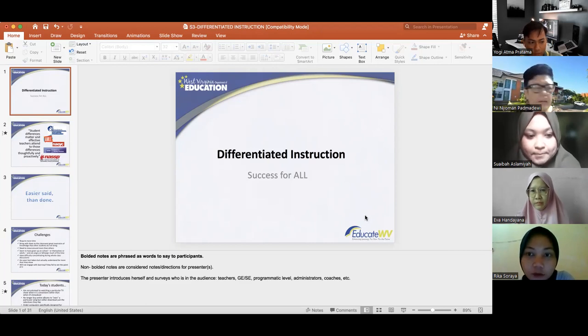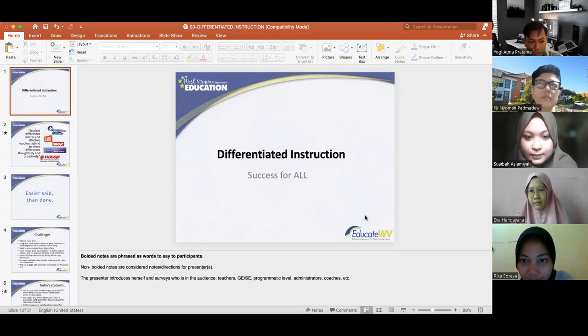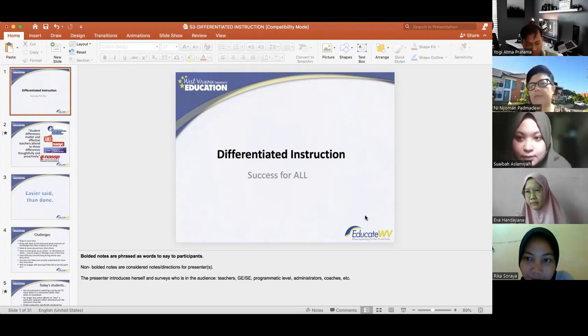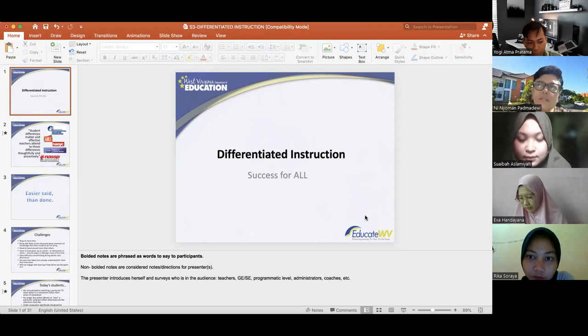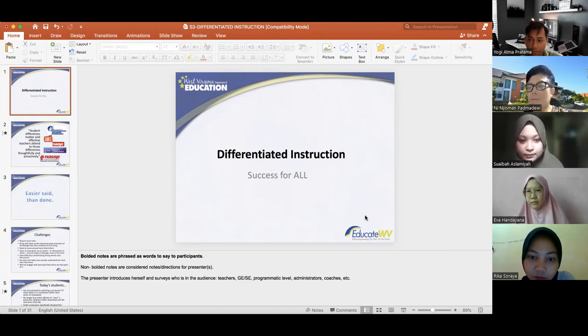So what was mentioned by your friend is like this. If you choose the same material for all students without differentiating the instruction, the danger will be this. If the material you give is in the middle level, the students at the middle level will be able to follow because the material is at their level.